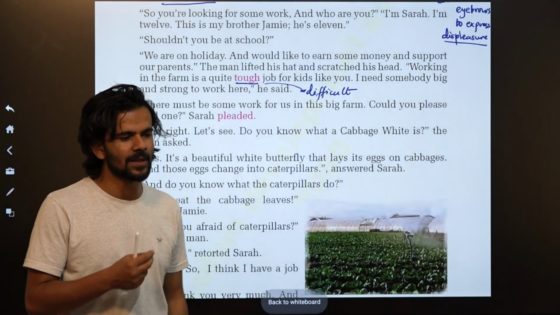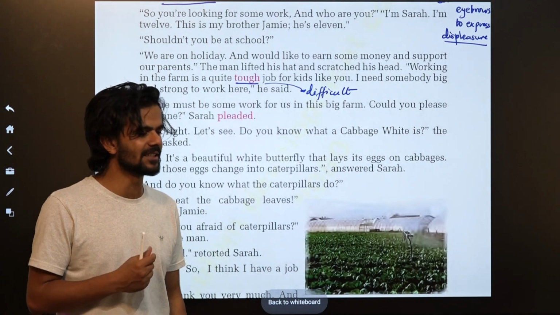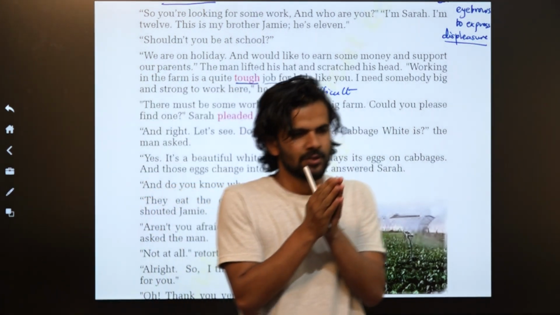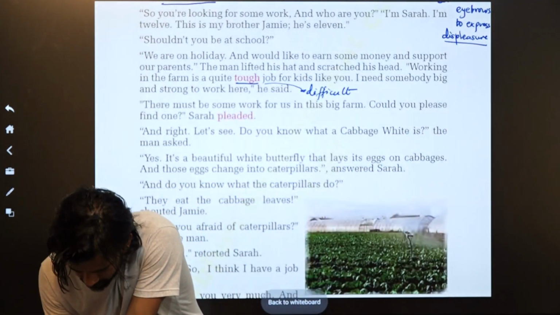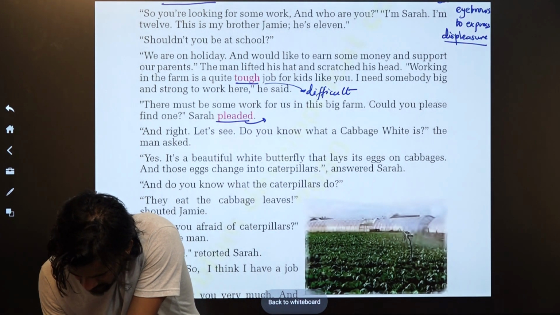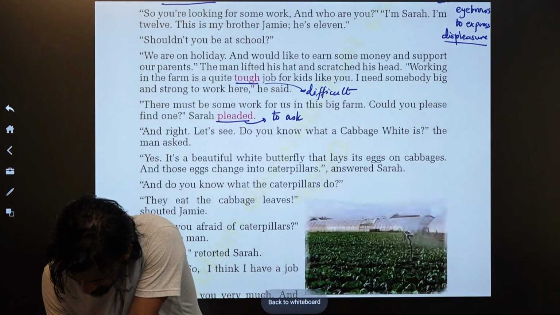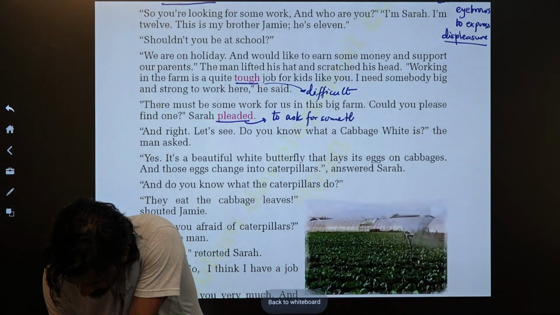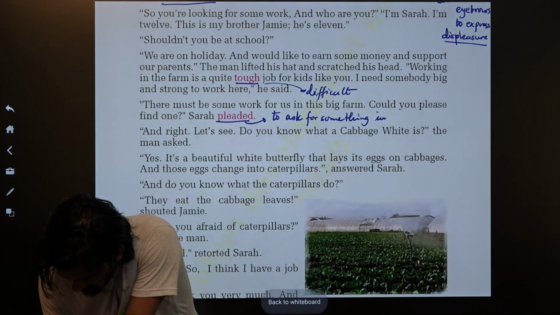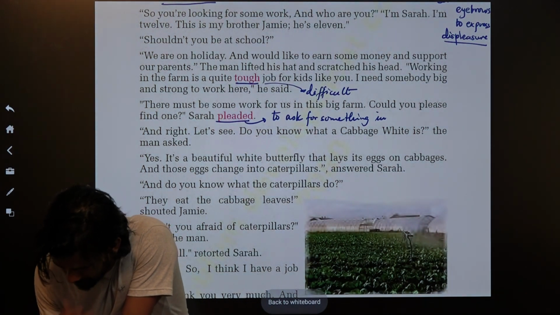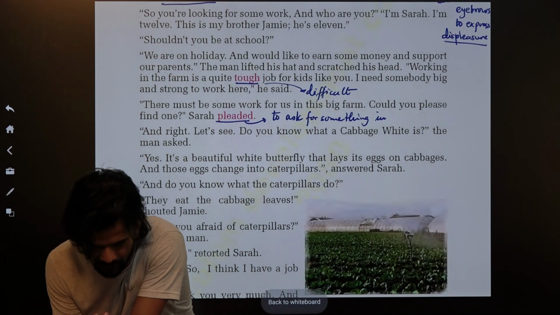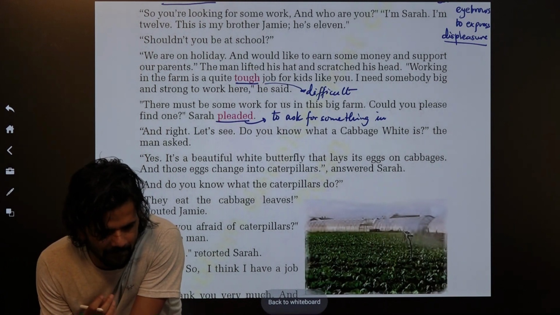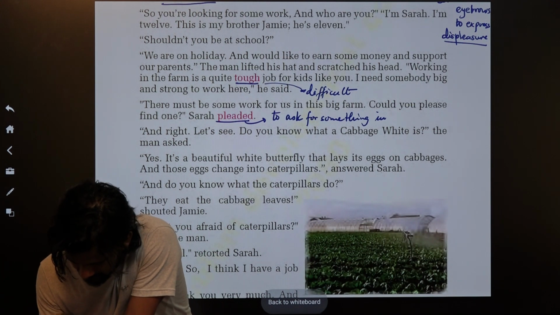So they're requesting. Sarah is pleading. To say please. To plead means to really beg for something. To plead means to ask for something in such a way that you put a lot of effort, making a request, asking for something in a requesting manner.